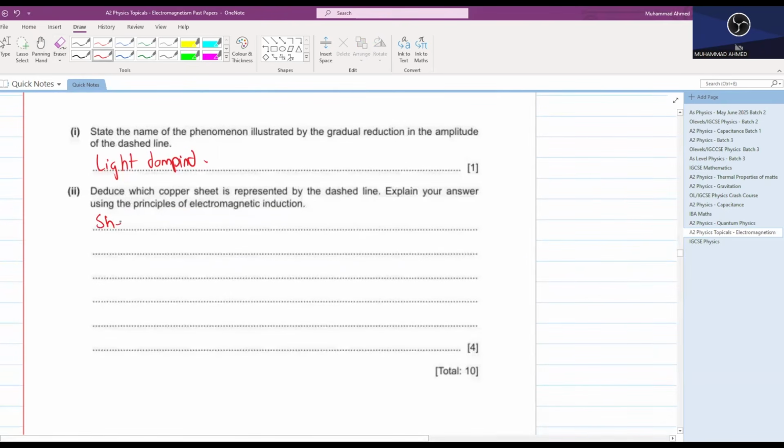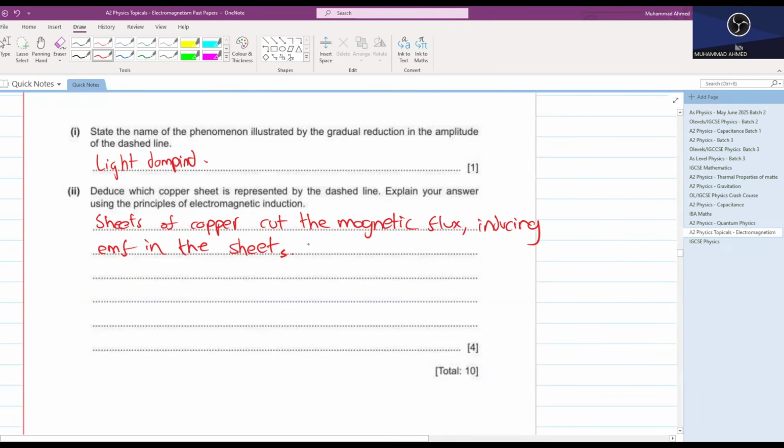The sheets of copper cut the magnetic flux, inducing EMF in the sheets. Simple as that. This induced EMF, always remember, leads to current in the sheets.